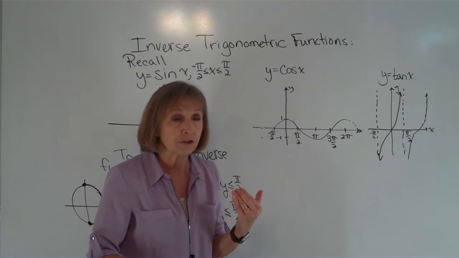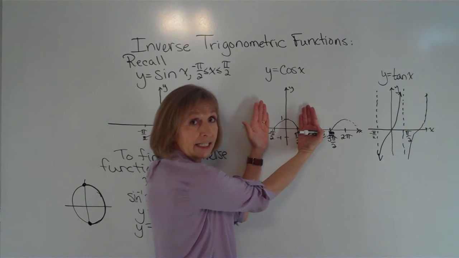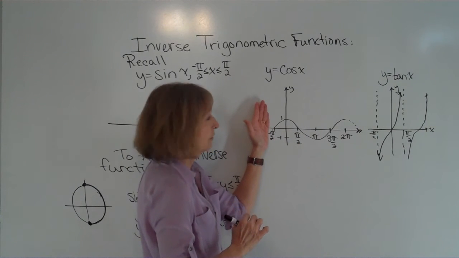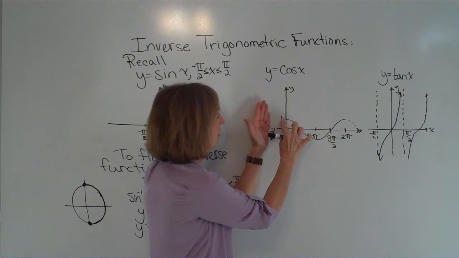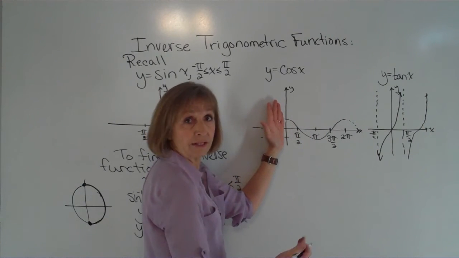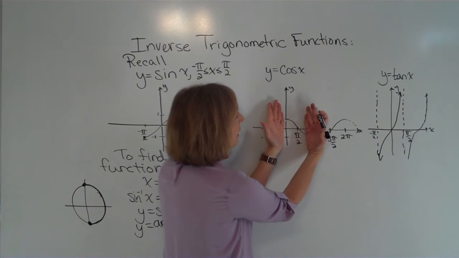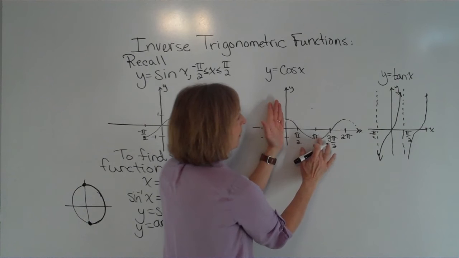Now I can't use the same restriction that I did for the sine function because it won't be one-to-one for the cosine function there. So I don't want to look left of the y-axis for this one. I actually look as I'm pulling my hand across until I hit pi, and then it starts to come back up.